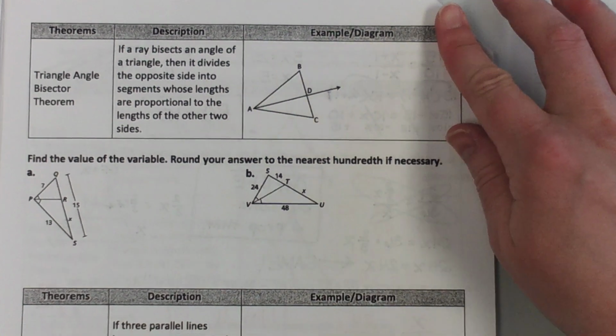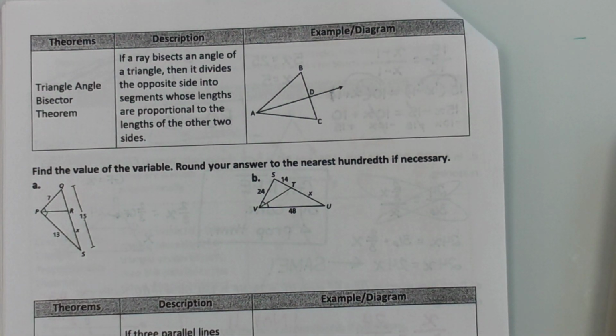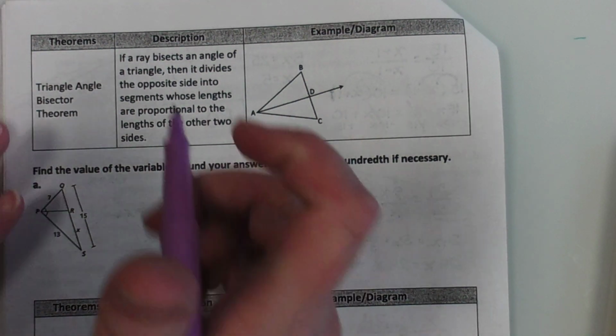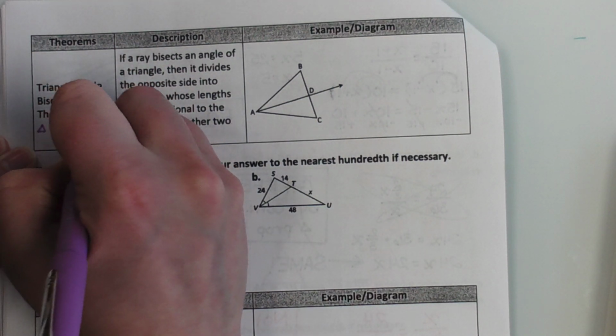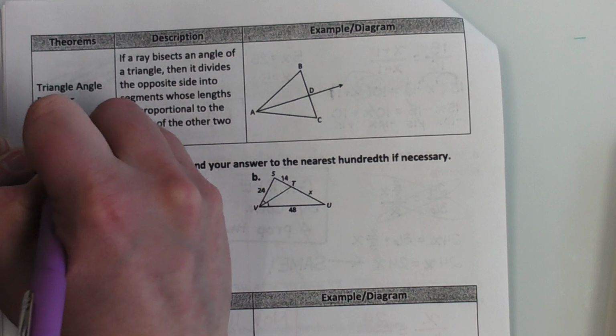Next one's the triangle angle bisector theorem.